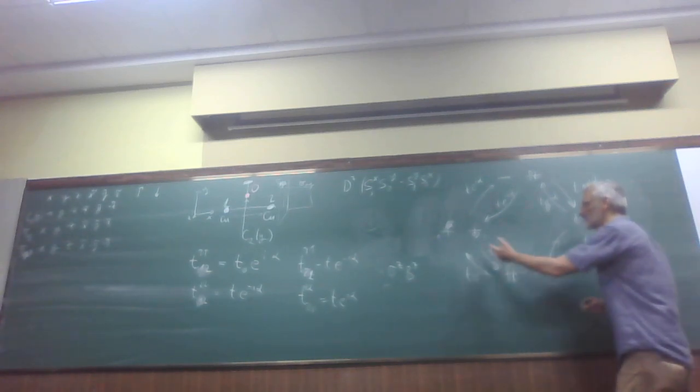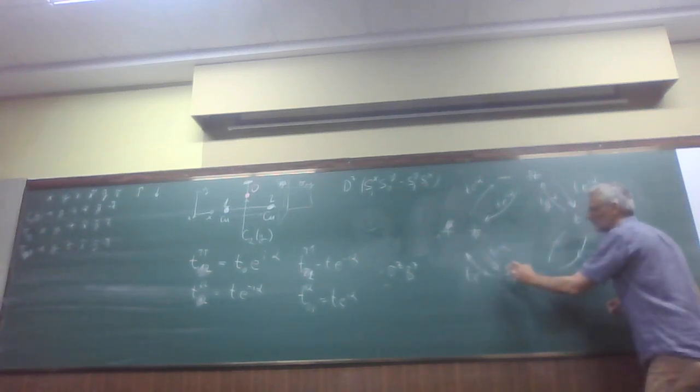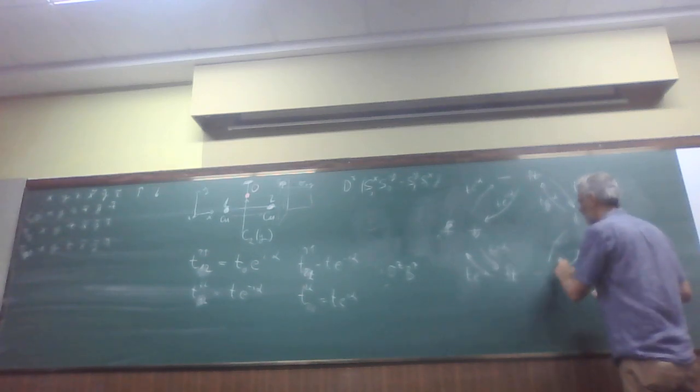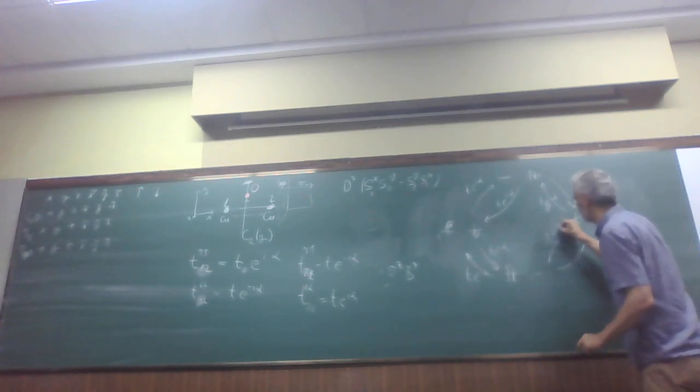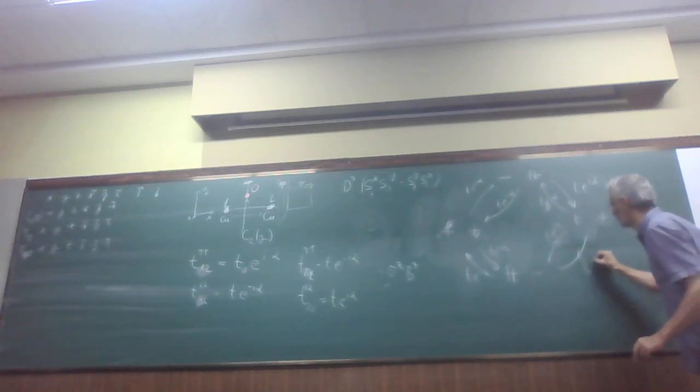So what we got is t e to the i alpha, and if we continue, probably that will also be t e to the i alpha here, and t e to the minus i alpha backwards. Sorry, plus i alpha going backwards. Yeah, thank you.